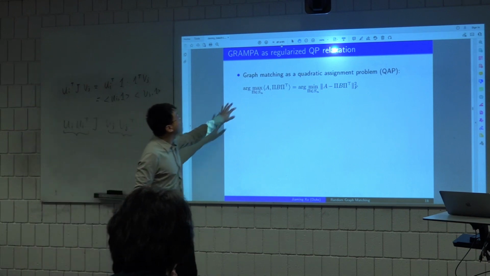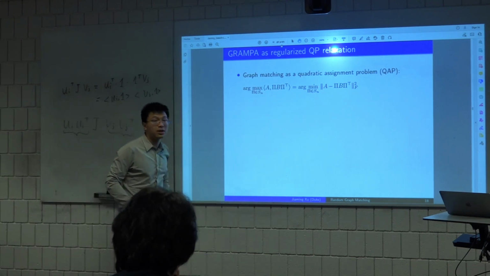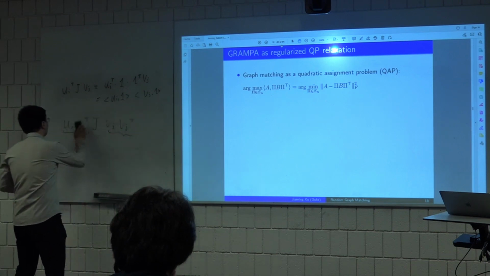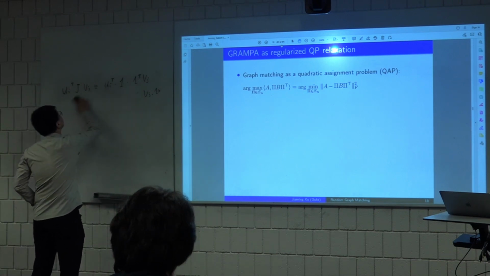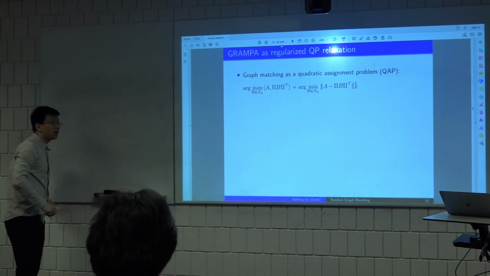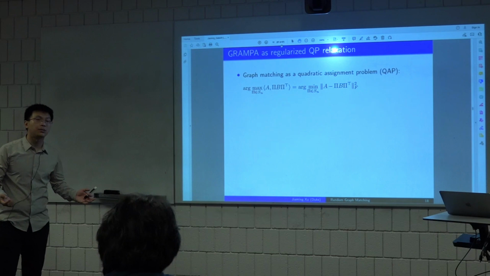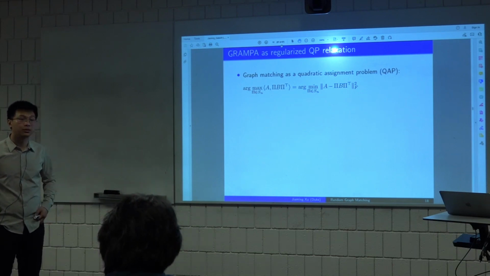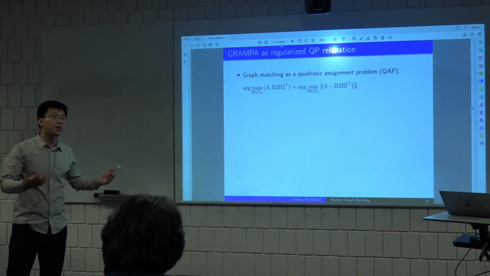Remember, this graph matching problem can be viewed as a quadratic assignment problem, as I said in the beginning. Now, if you think in terms of optimization, you have some combinatorial optimization problem, which is NP hard to solve, but I can try to do some convex relaxation, right? That's just another way to think about this problem.